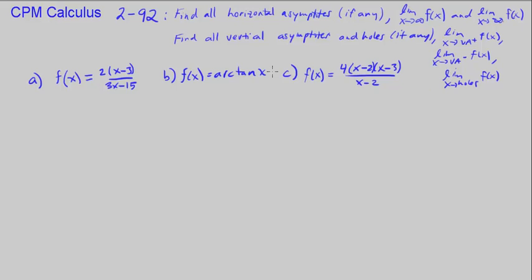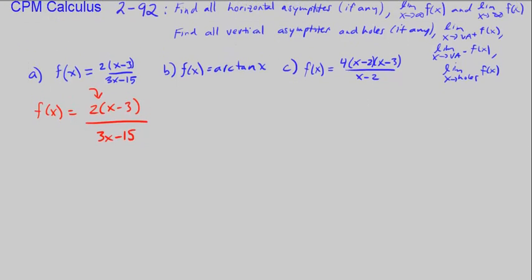Okay, so let's start with A. We have f of x equals 2 of x minus 3 over 3x minus 15. So this is our unsimplified function, right?